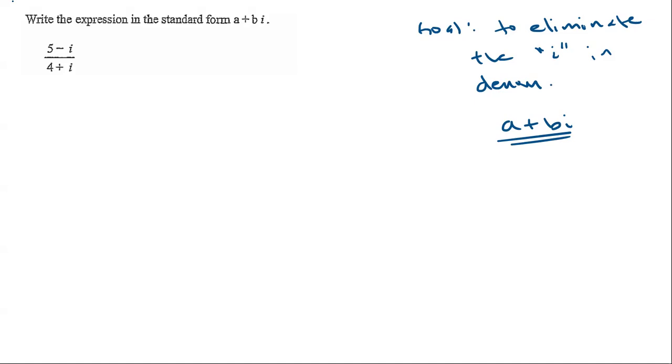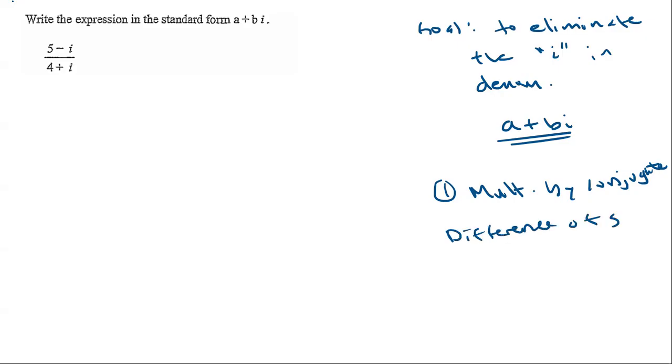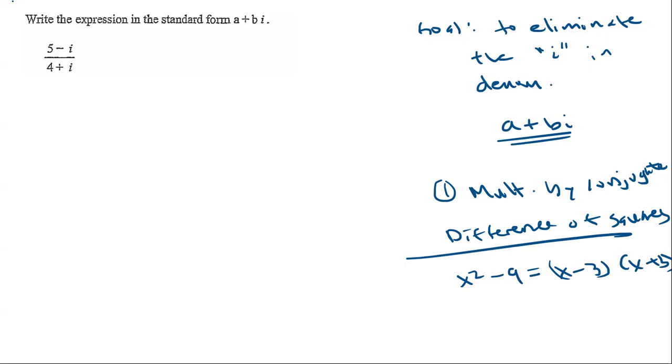Well, the very first step is we need to multiply by the conjugate. That's the very first step, multiply by the conjugate. And the conjugate just means the difference of squares, right? So again, if we have x squared minus 9, that will be x minus 3, x plus 3.